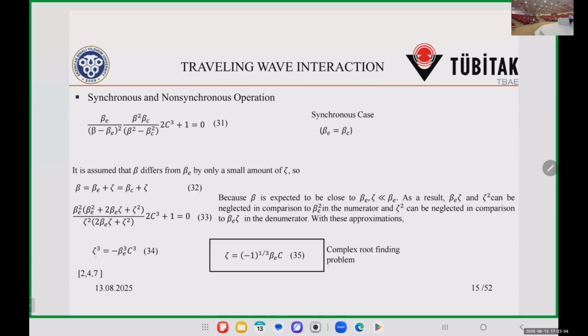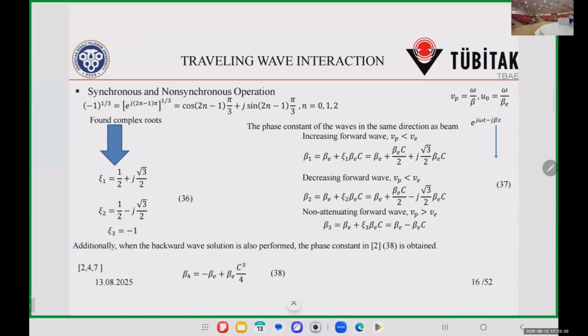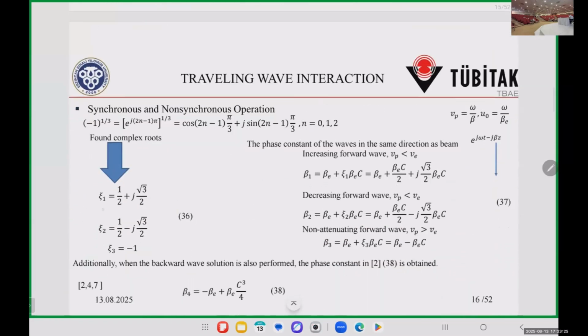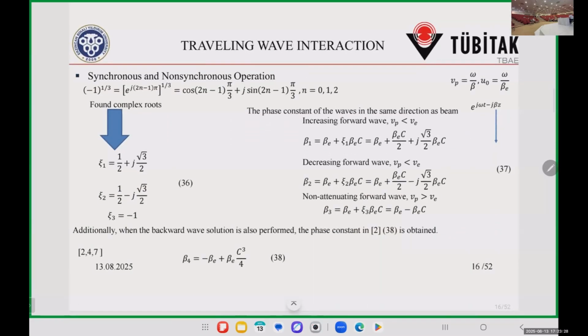This equation can be written as equation 35. This is a complex root finding problem, so we can find the roots. If we solve equation 35, we find three complex roots, delta 1, delta 2, delta 3.